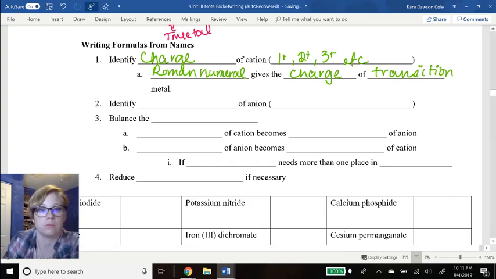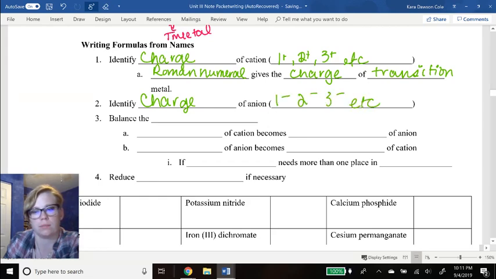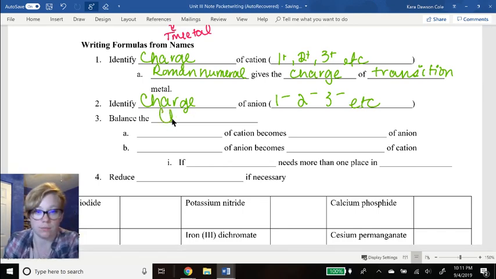Then identify the charge of the anion as 1 minus, 2 minus, 3 minus, etc. And then you're going to balance the charges.